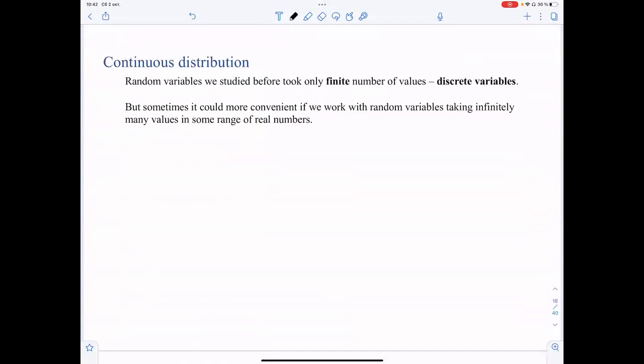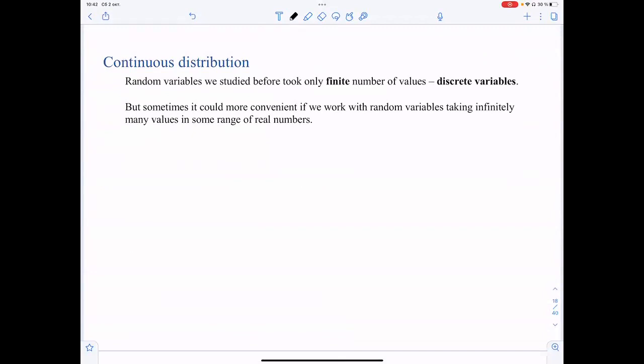And now I would like to do a very quick introduction into a completely new area that we are going to elaborate in detail this month. It's called the continuous distribution.